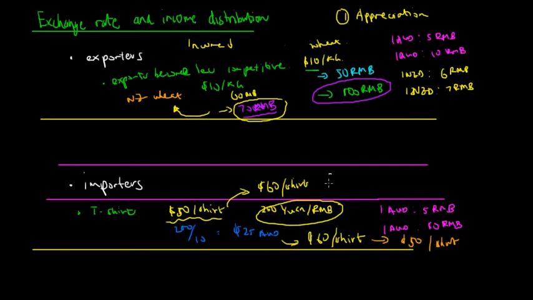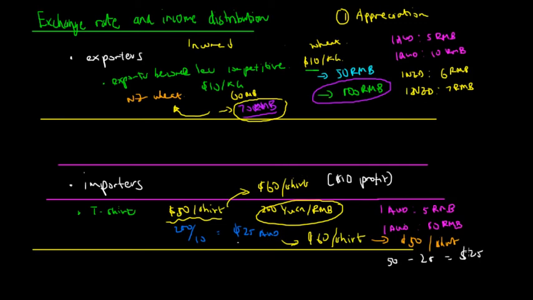Before they were only making a $10 profit, right? So 60 minus 50 is a $10 profit. Now, even though they're selling at a lower price of $50 as opposed to $60, they're actually making a higher profit of 50 minus 25 equals $25.